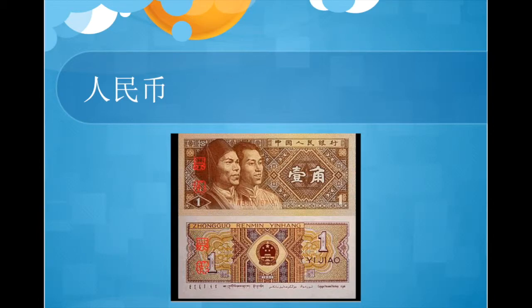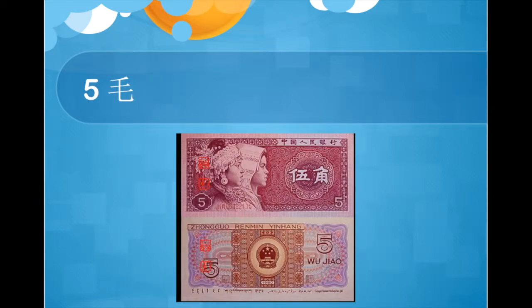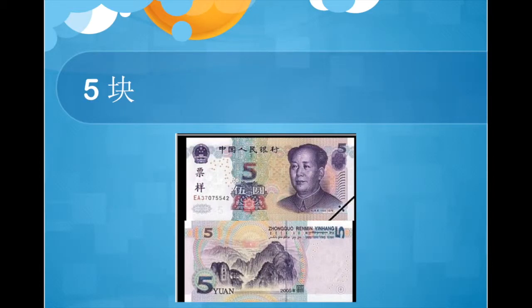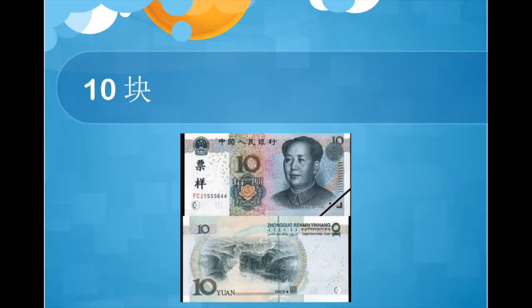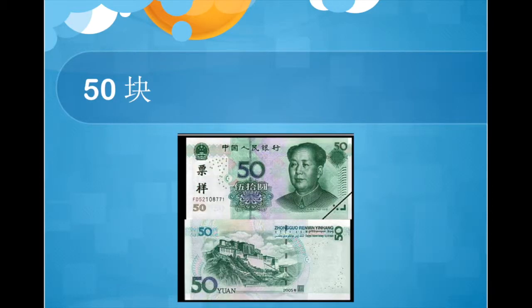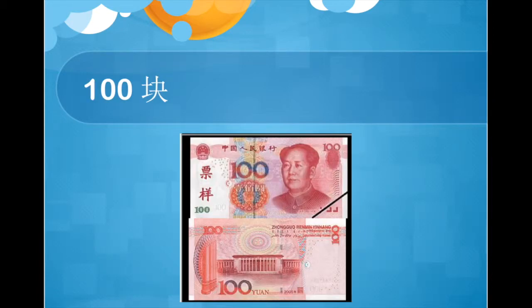And here we're going to show you some photos of what 人民币 looks like. 那么这里我将会给你们看一下中国的钱人民币是长什么样子的。Okay, so the first one is 一角 or we call it 一毛, 五毛, 一块, 五块, 十块, 20块, 50块, 100块. So here are some photos of the Chinese currency, and I can say it all in Chinese because you guys already learned how to say numbers in the first few weeks of Chinese 1 class.